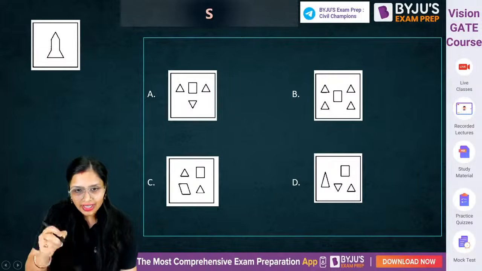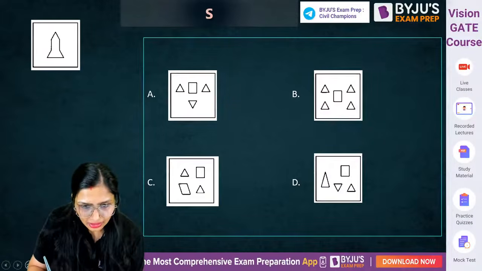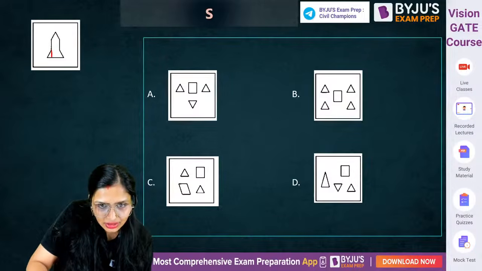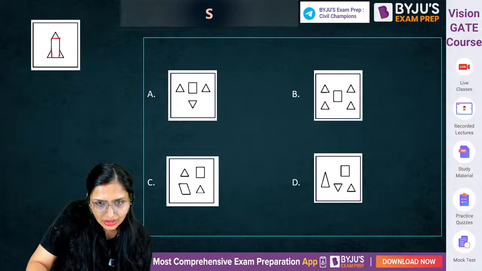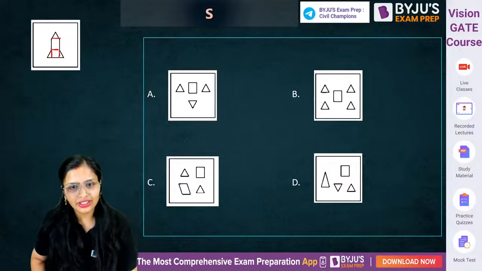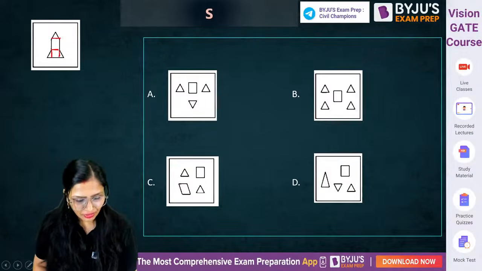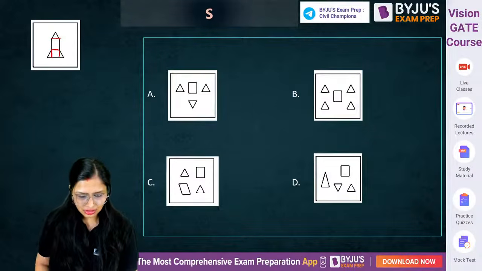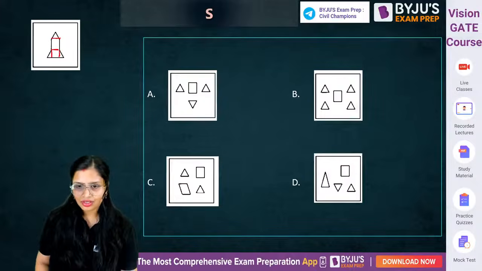See, if you check it out, I'll take another color pen because white will not show. This is one triangle. This is one triangle. This is one triangle. Now, check it out. You have bifurcated into different parts. Okay? Tell me fast.